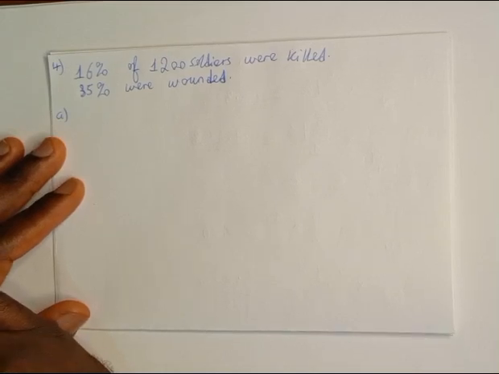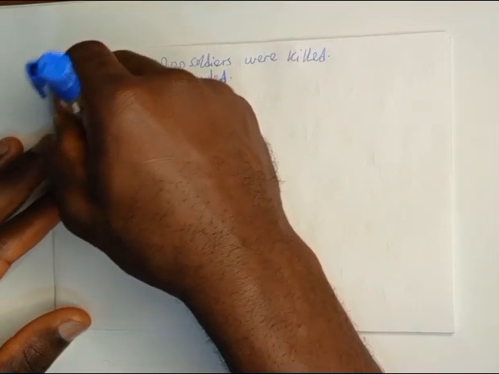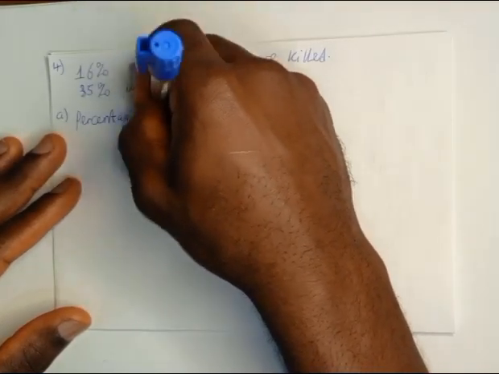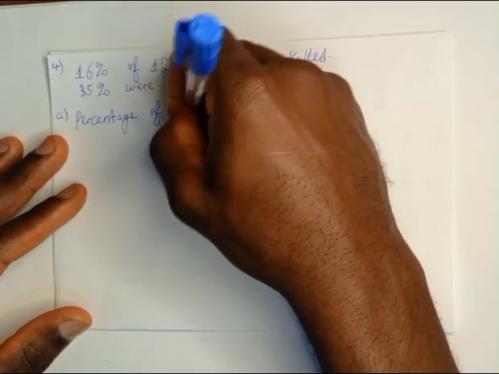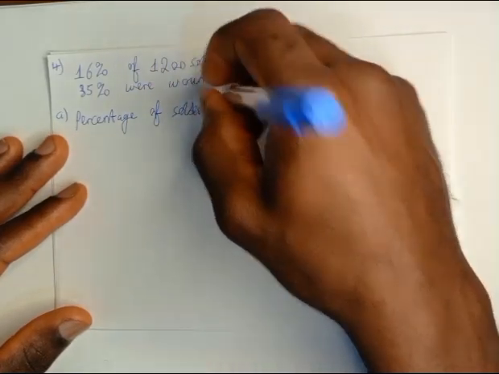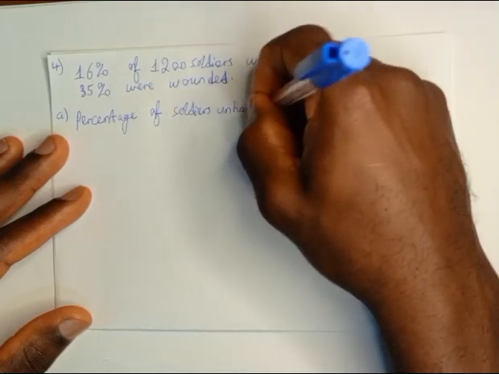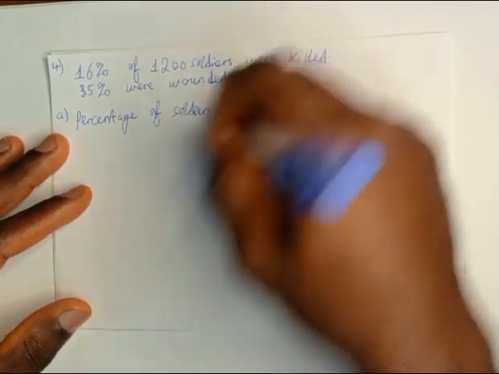For us to get the percentage of soldiers who were unharmed, take this down, percentage of soldiers unharmed. That means they had no injury, they were neither killed nor wounded.